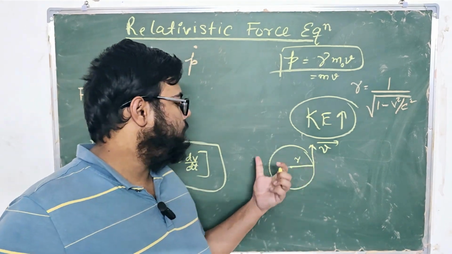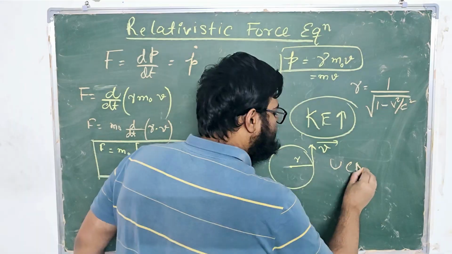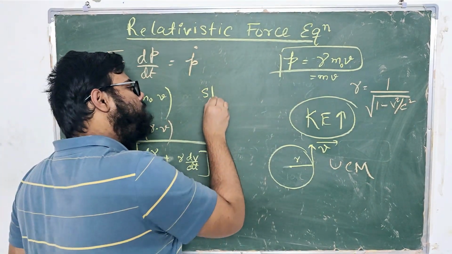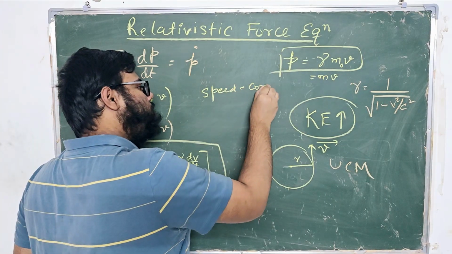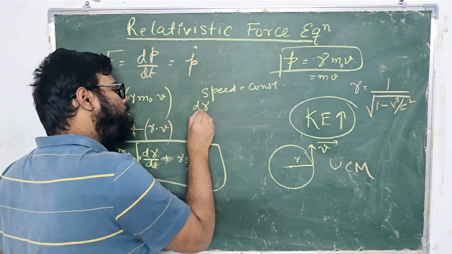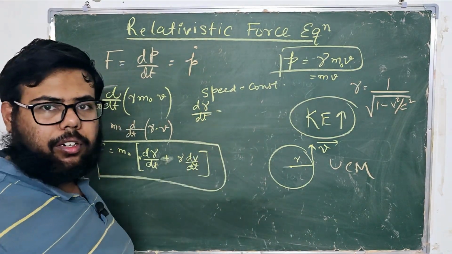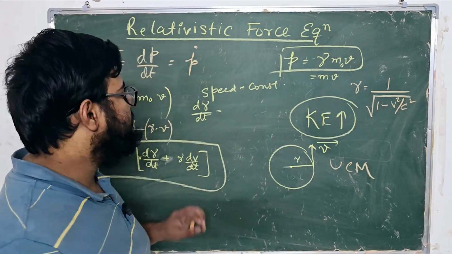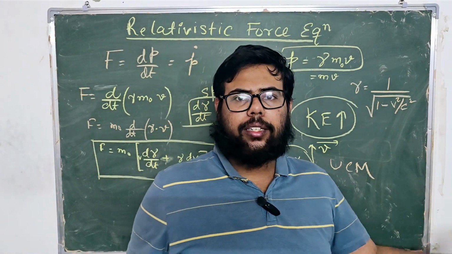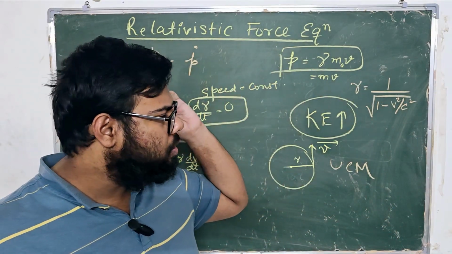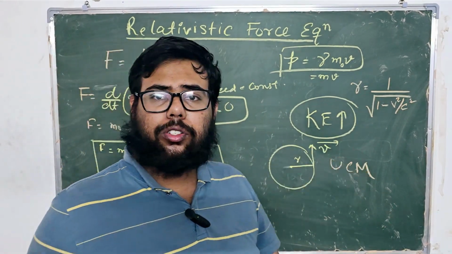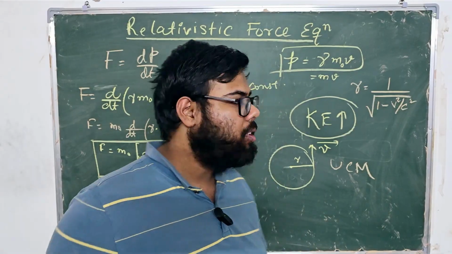So if the object is in uniform circular motion, then the speed is constant. We all know it, right? So what will be the change in gamma with respect to time for UCM? It will be equal to 0, because clearly gamma is a function of speed over here. So if speed is constant, then its derivative will be equal to 0 itself, because there is no change.